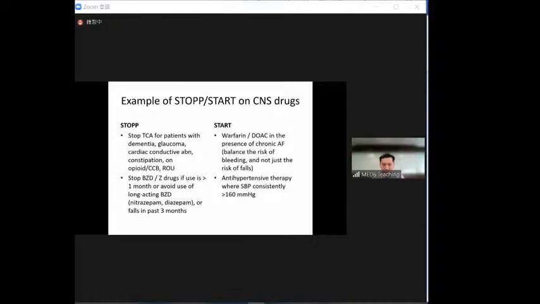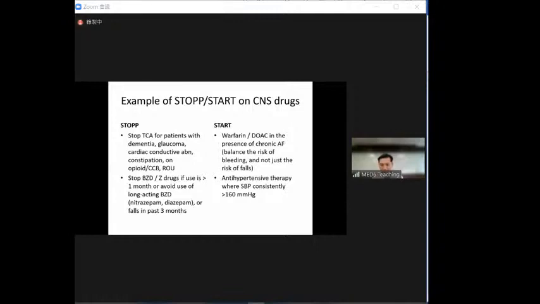And start means try not to omit important drugs. So if the person is quite old, don't omit the use of very important drugs in the elderly simply because of the old age. For example, we would want to use anticoagulation, be it warfarin or direct oral anticoagulant, in the case of chronic atrial fibrillation.